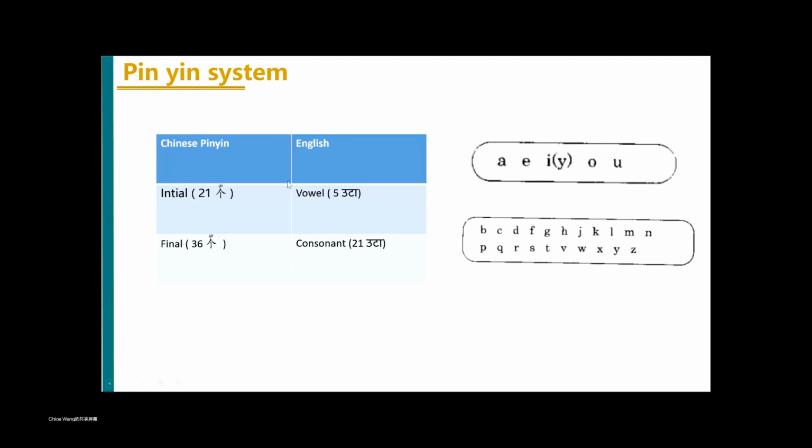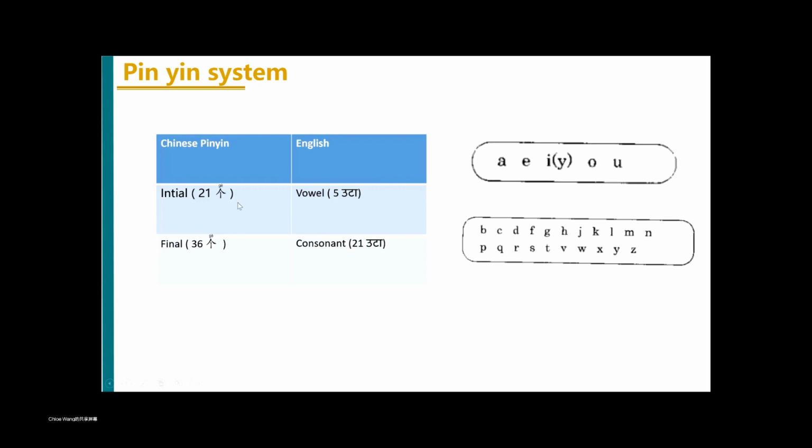As we can tell from the example we just learned, all this Pinyin, we use the same Roman alphabet, which is also the English alphabet. And in English alphabet, we divided all the alphabet into vowel and consonant. Right? We have 5 vowels and 21 consonants in English language.